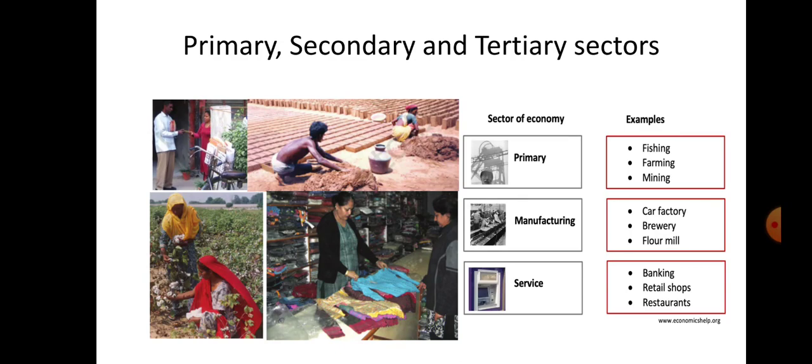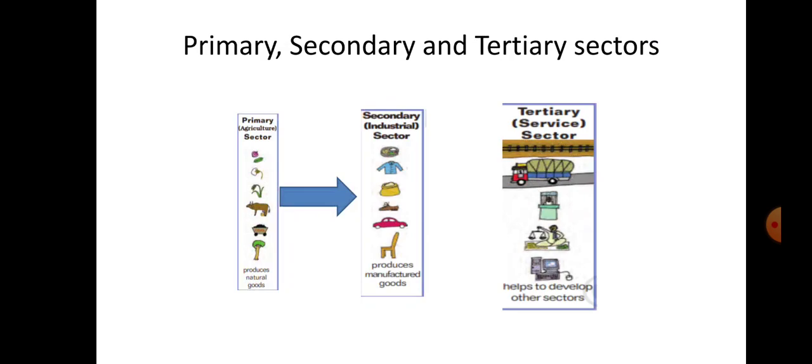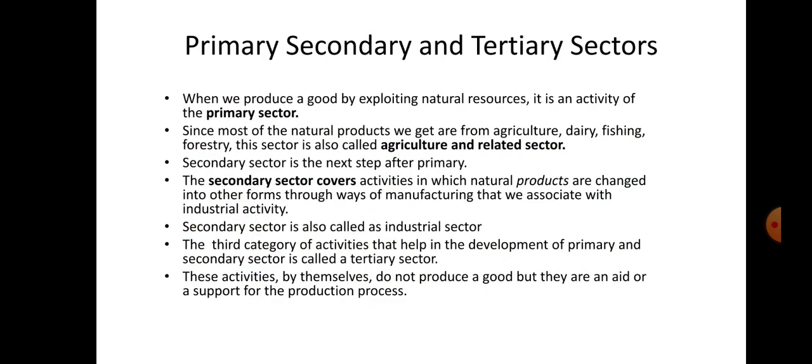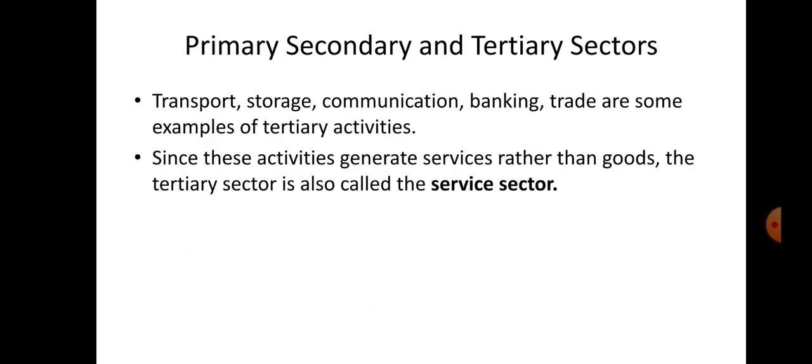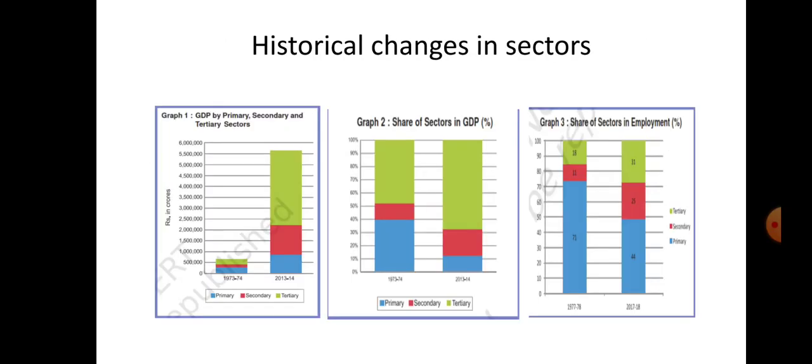Here are the examples of different sectors of the economy: primary, manufacturing and services. Details of that, and some statistics about the changes in the sectors with respect to their contribution to the national GDP have been given.